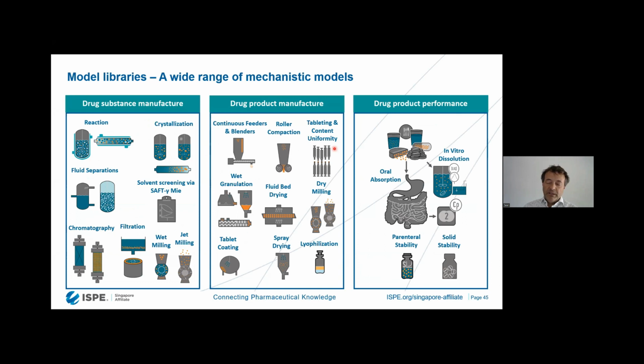Nearly all these models can be used in batch or continuous operation. Twin screw granulation is typically only continuous, but if it makes sense in reality, you can use them for both batch manufacture and continuous manufacture.